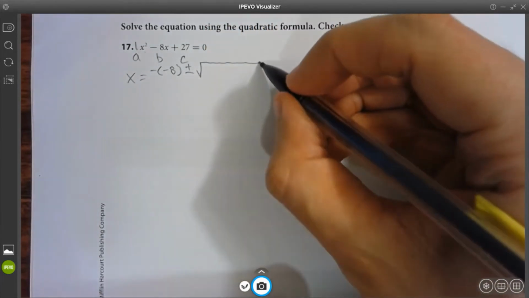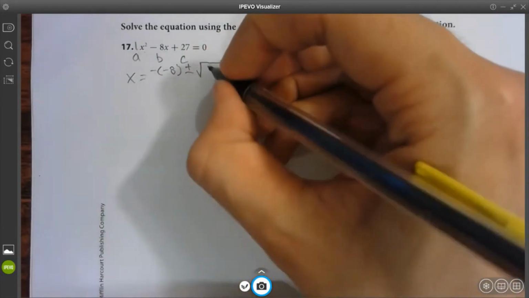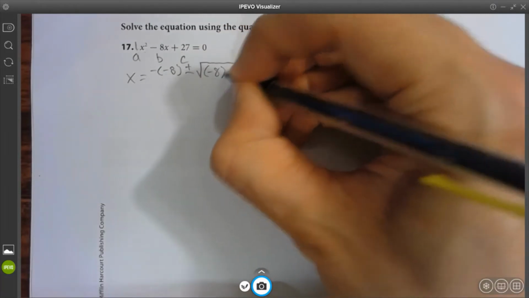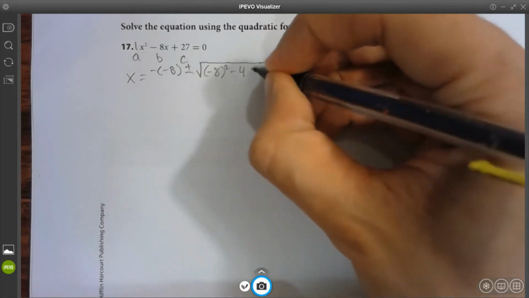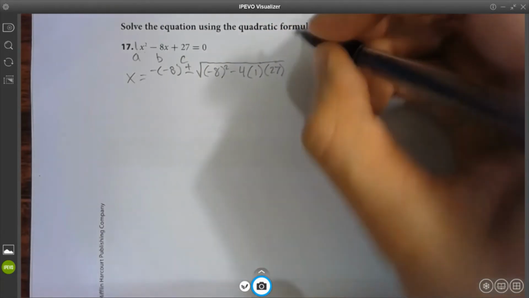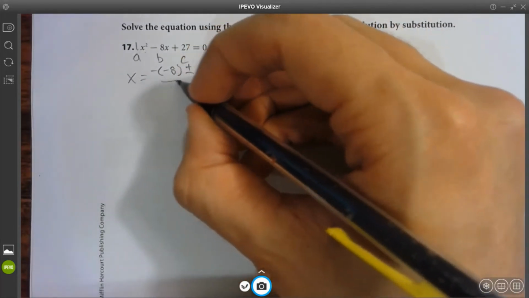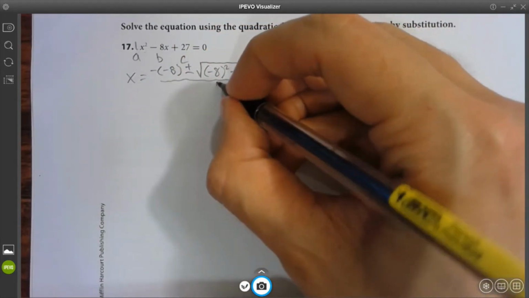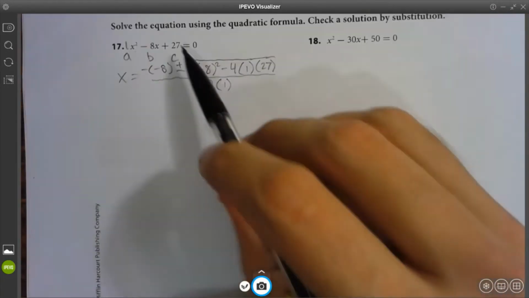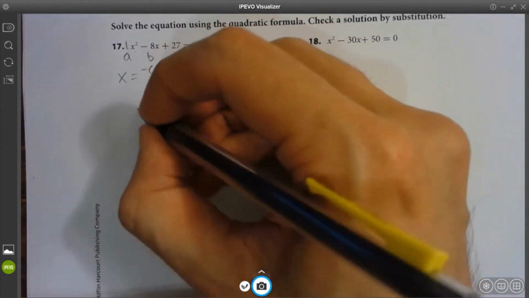Inside our square root, that's where our discriminant goes. So this is going to be negative 8 squared minus 4ac. So that's what I got for plugging in. Don't forget the denominator of the quadratic formula, 2a.